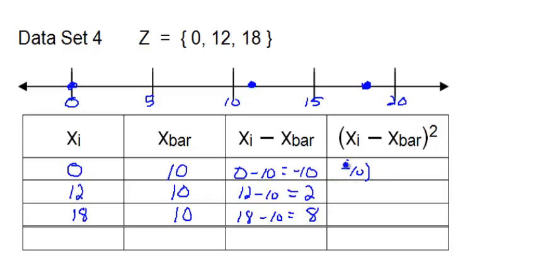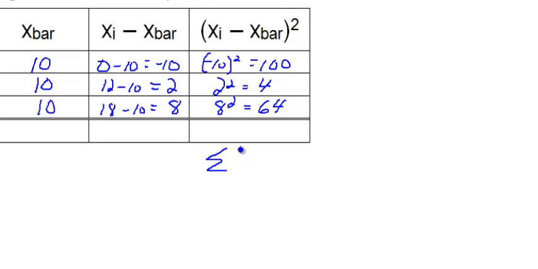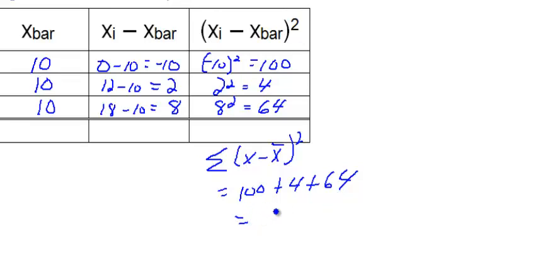Negative 10 squared is 100. 2 squared is 4, and 8 squared is 64. So if we add up these deviations squared, we get 100 plus 4 plus 64, which is a total of 168.